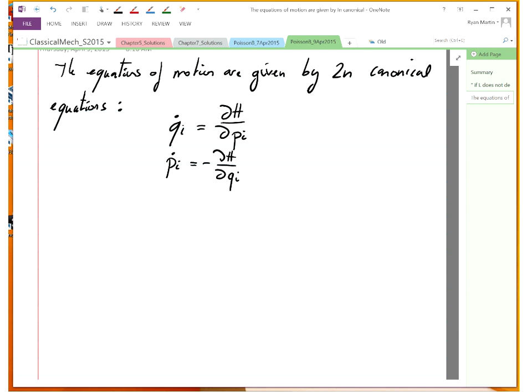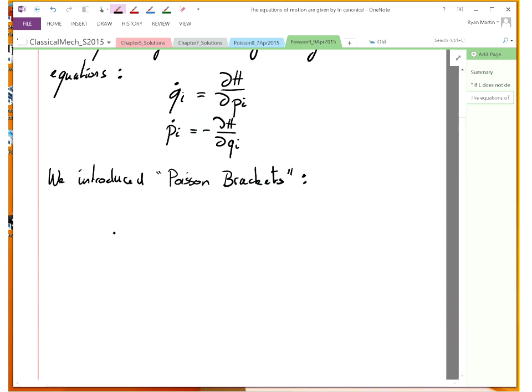And then finally, we introduced Poisson brackets. And these are related to the commutators between operators in quantum mechanics.